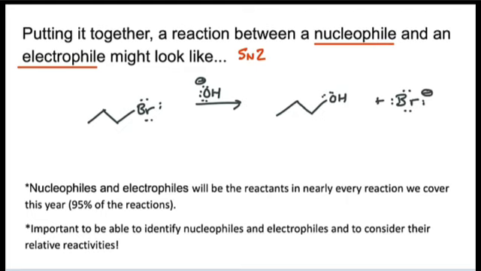I'm seeing a negative charge on oxygen, and I'm seeing that that negatively charged oxygen would love to find something positive or partially positive to attach to. And I'm seeing a very polar bond here with a very delta positive carbon atom.